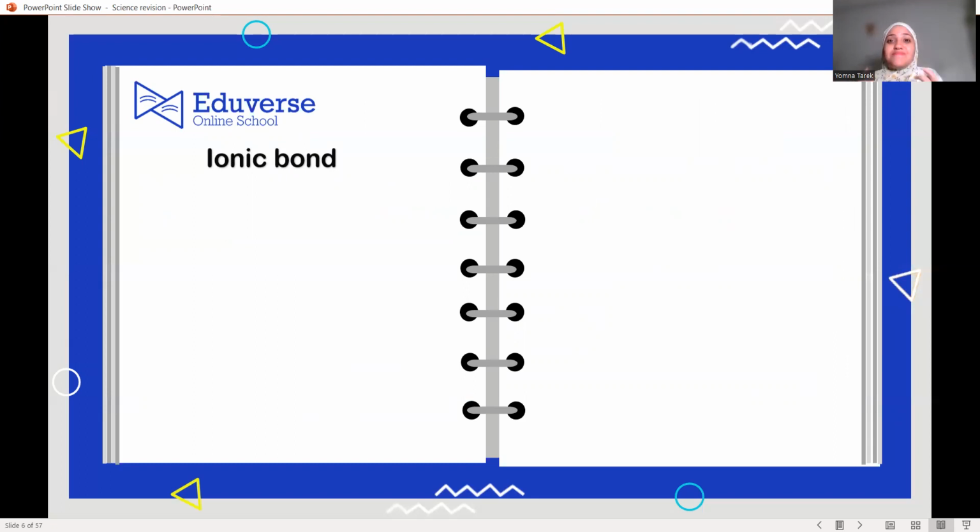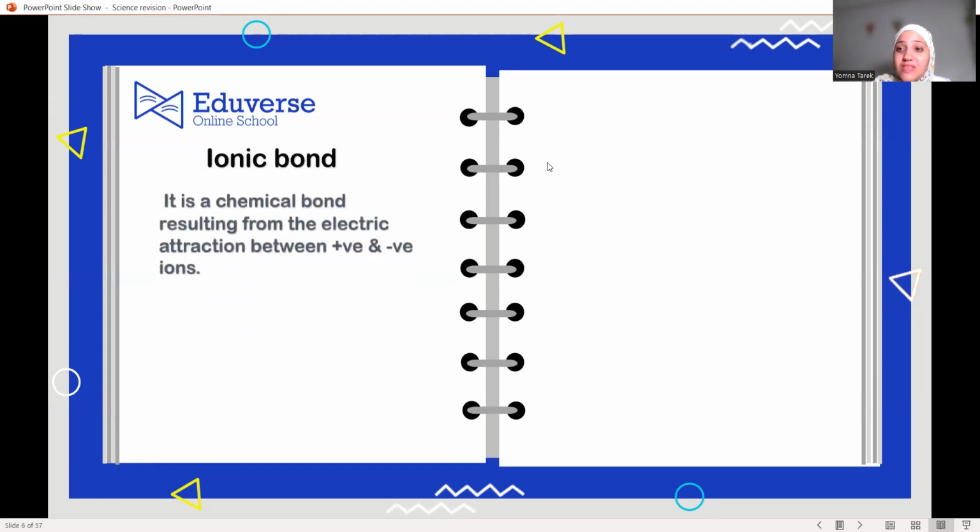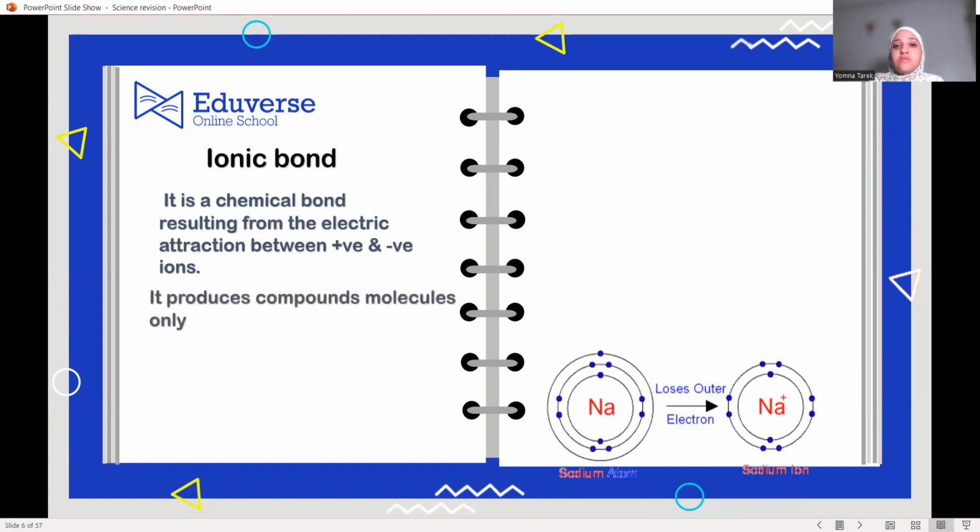The electron lost by the metal is gained by the nonmetal. Let's see how this happened. So ionic bond happens when the positive ion and negative ion are attracted together. When the positive ion is formed and the negative ion is formed and they are attracted together, this is called ionic bond.